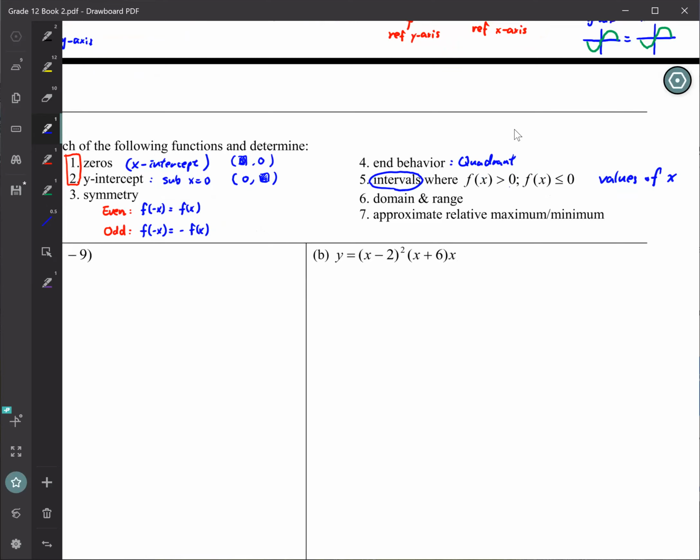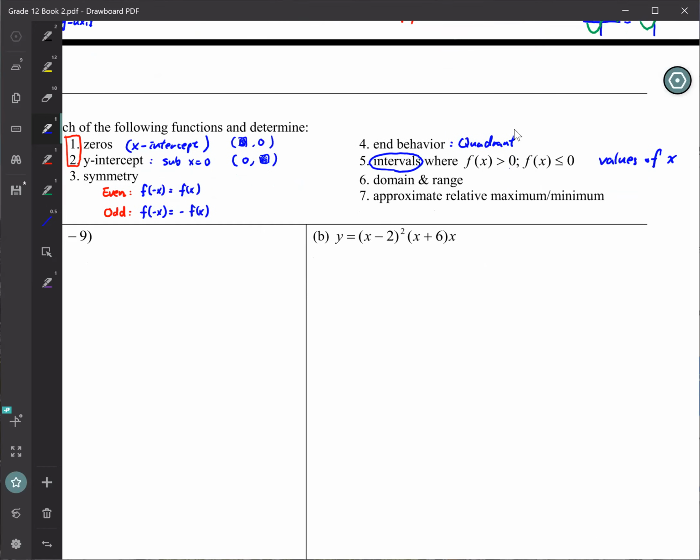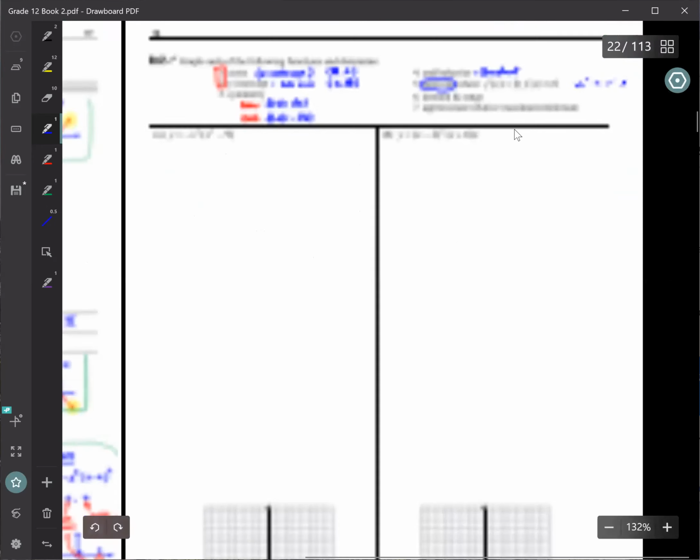We will have examples below. Number 6 is domain and range, which you already know. And relative max and minimum, same thing. We're gonna go over those two things, the max and min, once we have the graph underneath. So let's go in order.